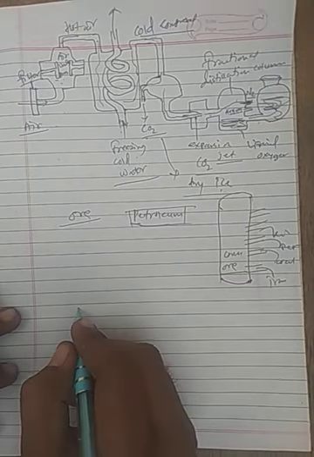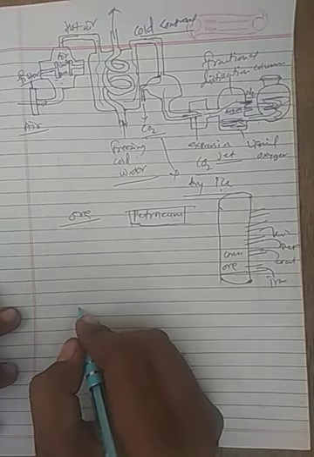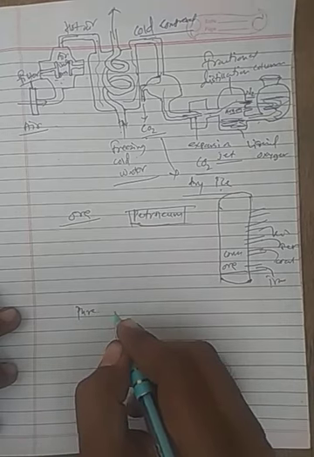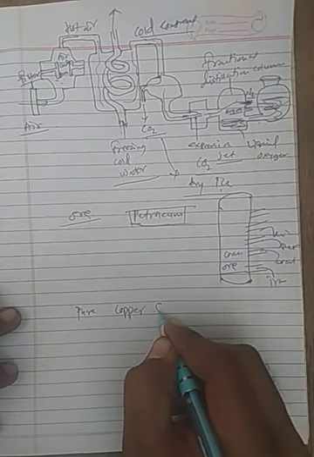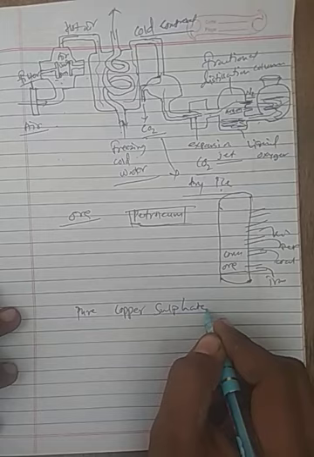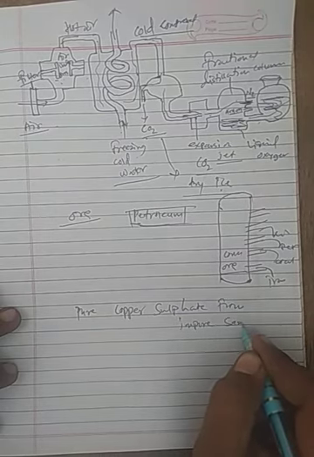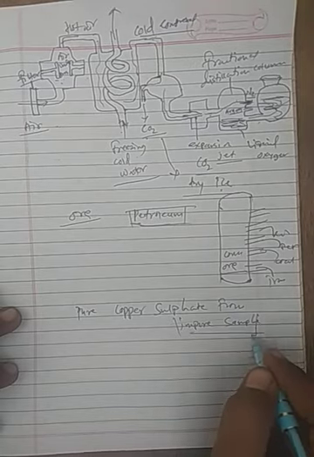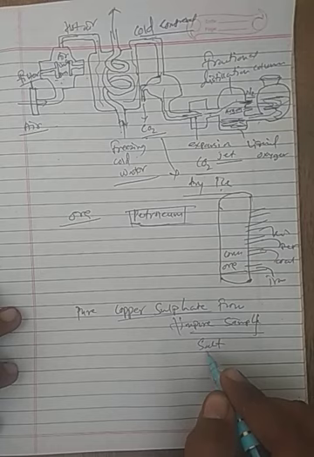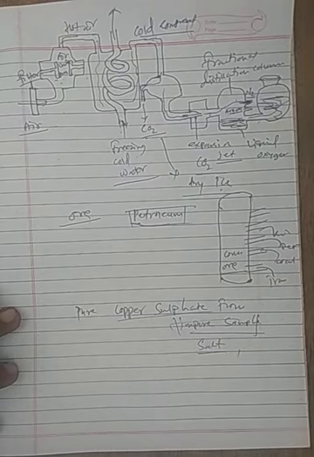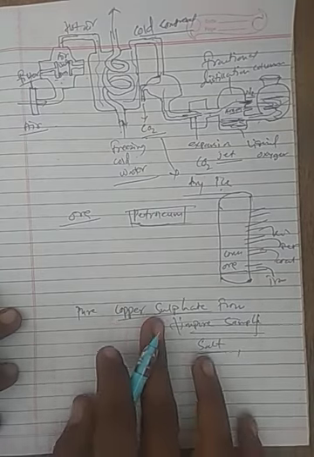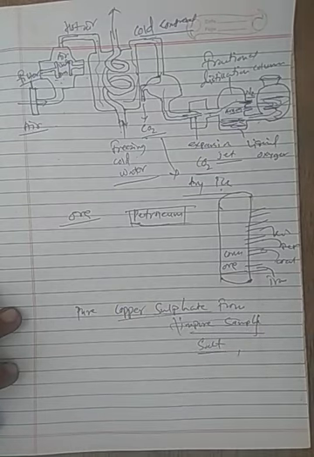Now the next topic is how you can obtain pure copper sulfate from an impure sample. If you take an impure sample of copper sulfate which will have impurities like salts, how can you get pure copper sulfate?